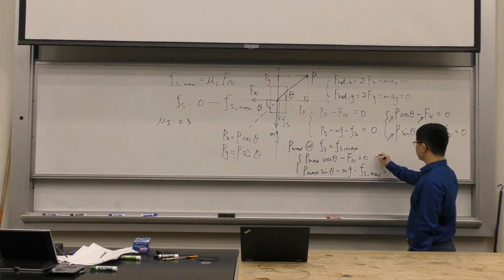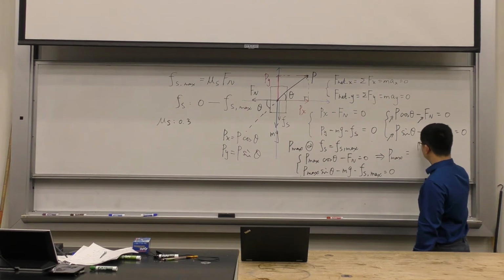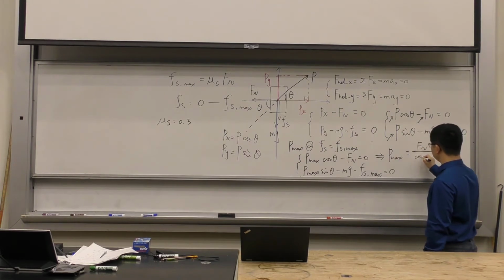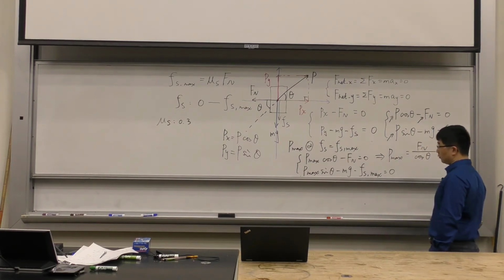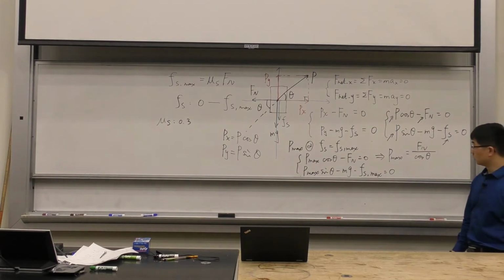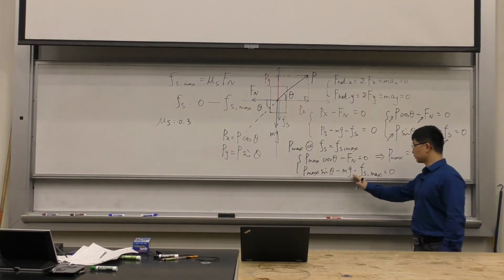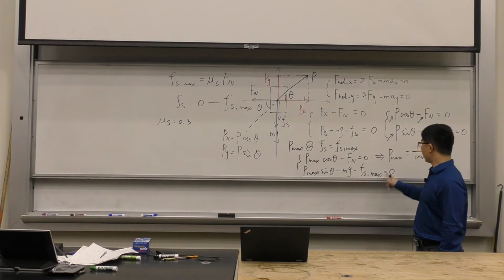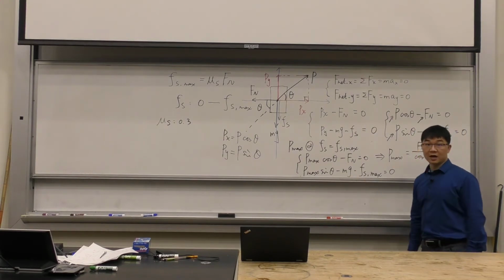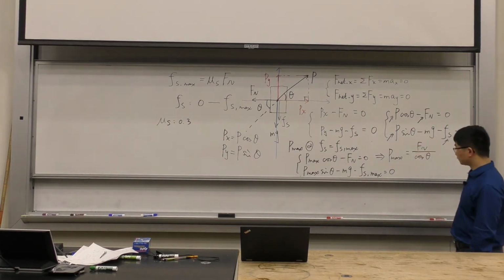Because I would just get P max equals normal force divided by cosine theta. But I don't have normal force. Well, don't forget there's another equation I can use, right? So how do I use this equation? If I can use this equation to find an expression for normal force, then I can plug it in and find this P max, right? So let's do that.